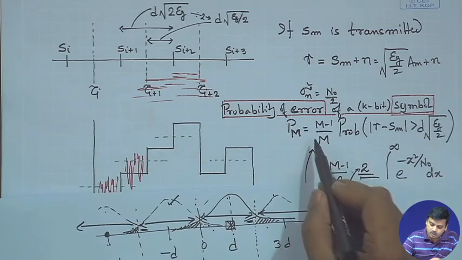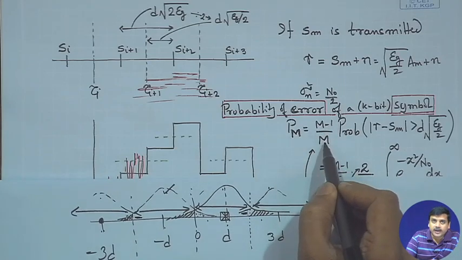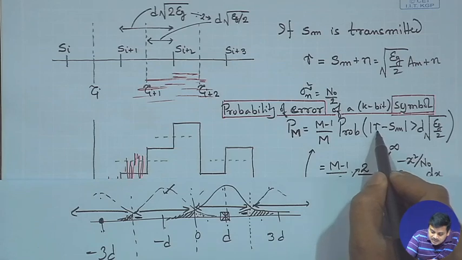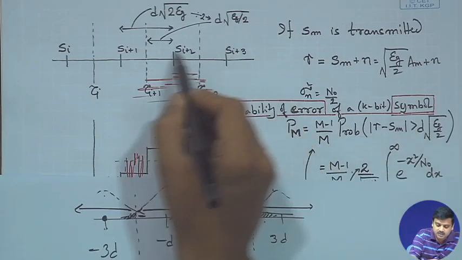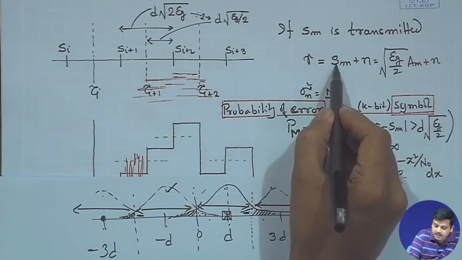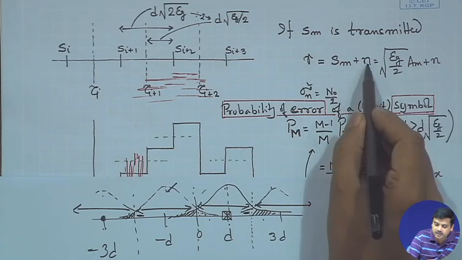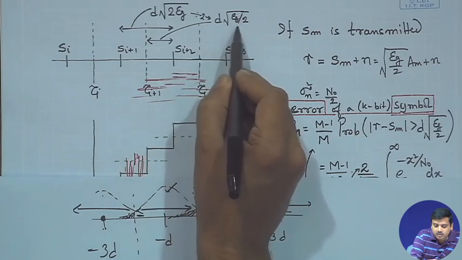So, 3 number of tails to be considered. To calculate the probability of error, you have M minus 1 upon M times the probability that the distance of the received signal from SM is greater than half the distance. That means this R minus SM is noise. So, the probability that noise has an amplitude which is greater than d root Eg by 2.